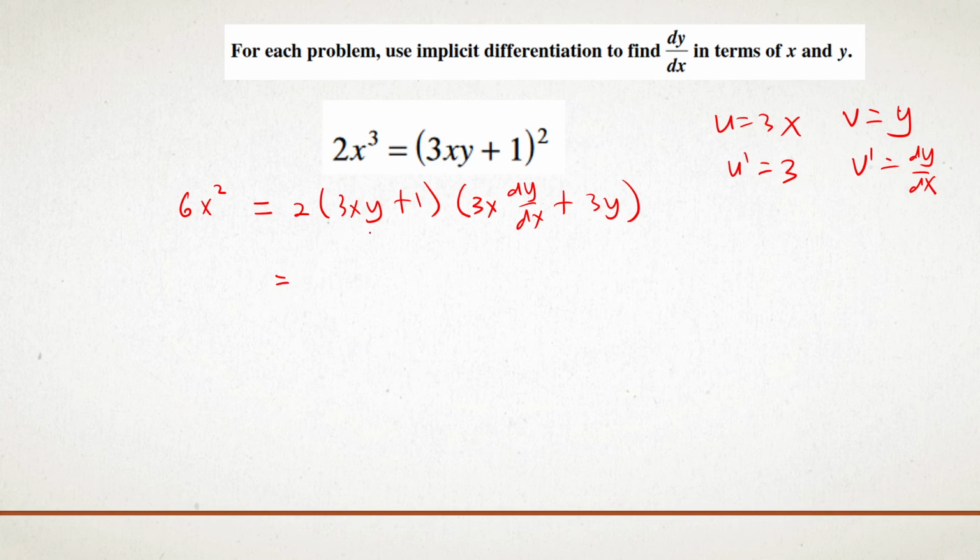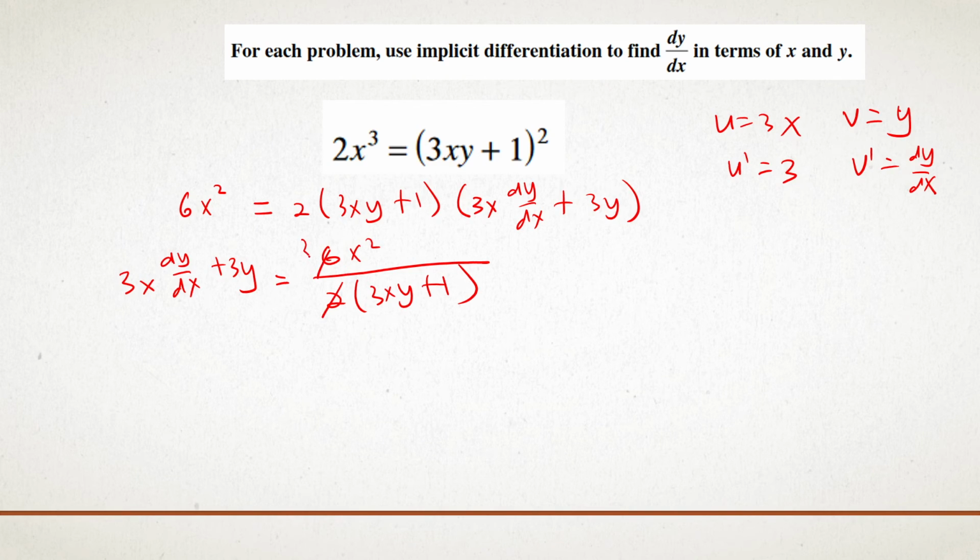So finally, I need to rearrange everything, because they asked me to find dy/dx. So what I need to do is bring this one down first. I have 3x dy/dx plus 3y, and I will have 6x squared divided by 2, 3xy plus 1.